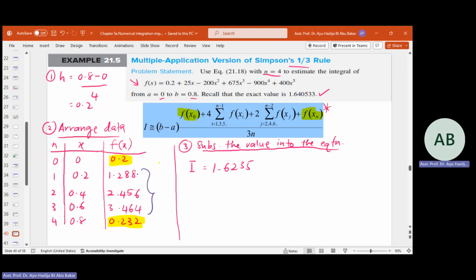So for odd, we will take 1 and 3, the odd values. So even value over here only has 1, which is f(x2). So only 1 value for even.